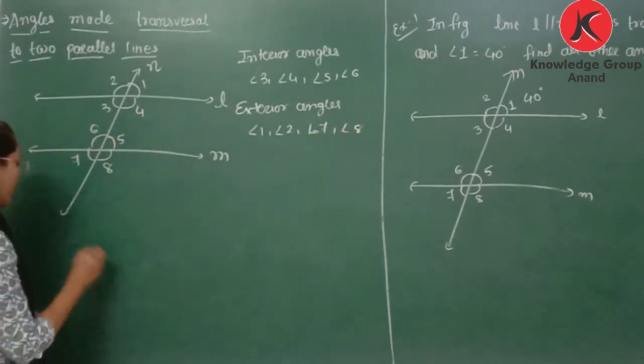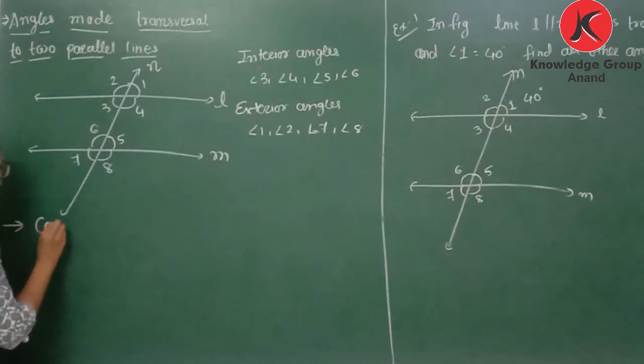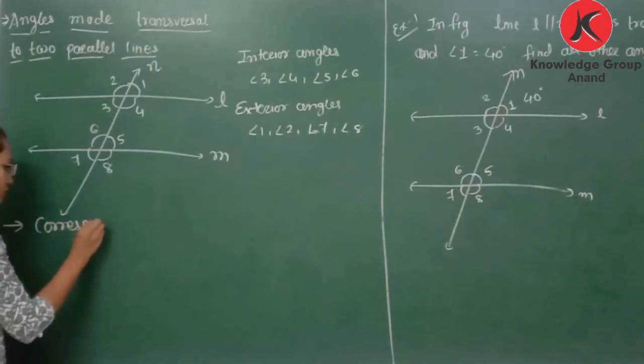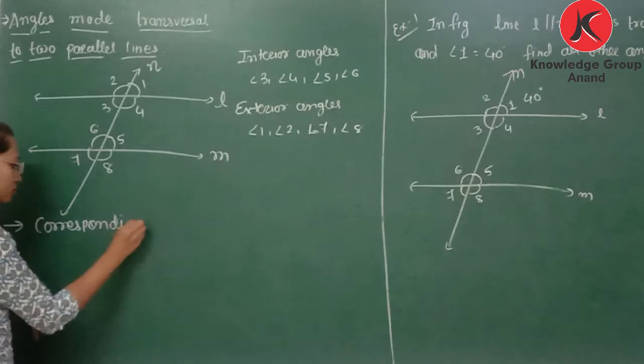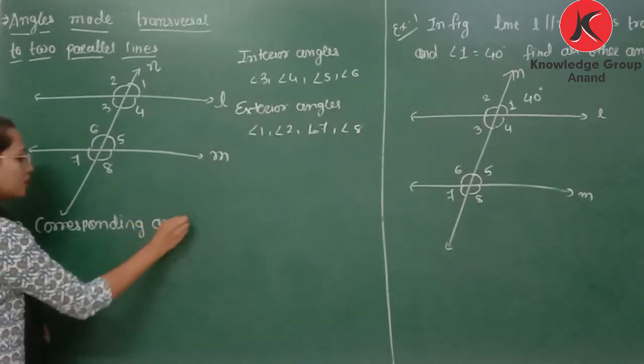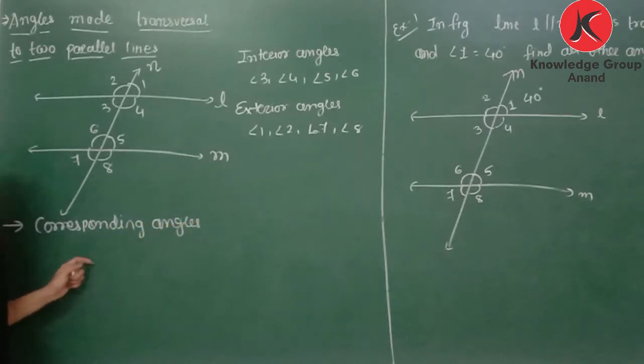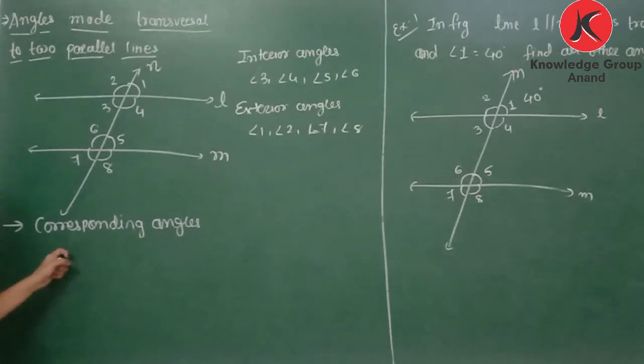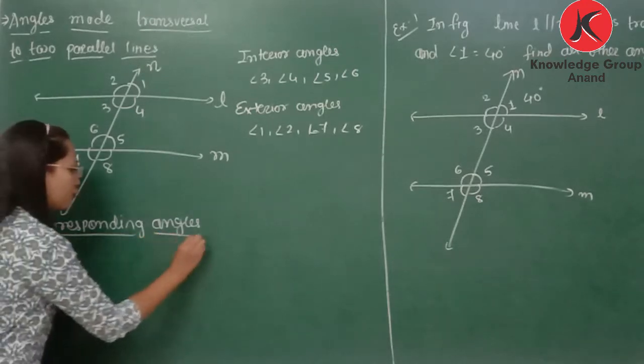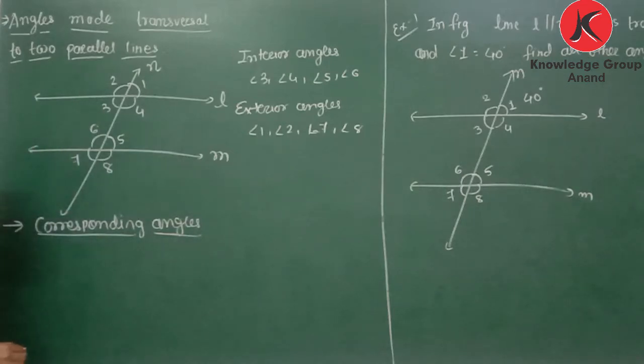Now corresponding angles. In parallel lines, corresponding angles are equal. In parallel lines, if angles are formed by a transversal, then corresponding angles are equal.